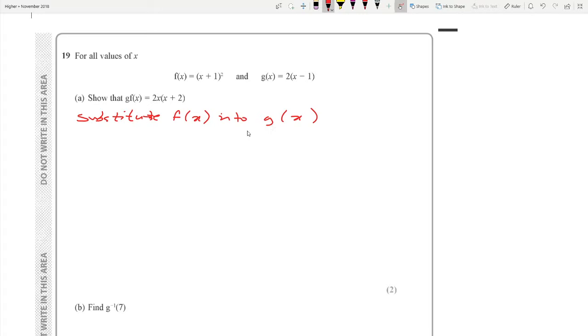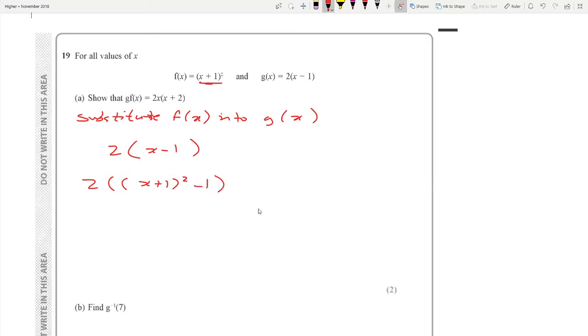Okay, so let's do that then. We've got g(x), we're told, is 2(x minus 1). So when x is (x plus 1) squared, just substitute (x plus 1) squared into x. So we're going to have to use double brackets. So when x is (x plus 1) squared, that is 2 times ((x plus 1) squared take away 1).